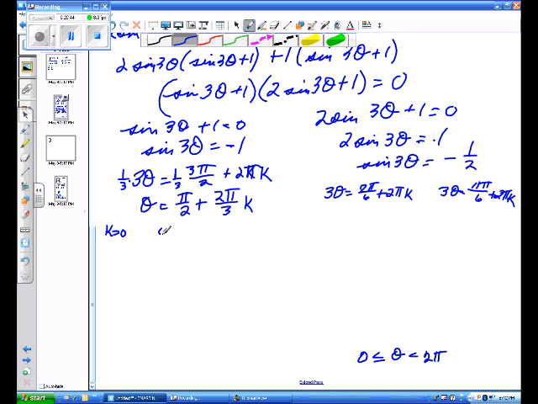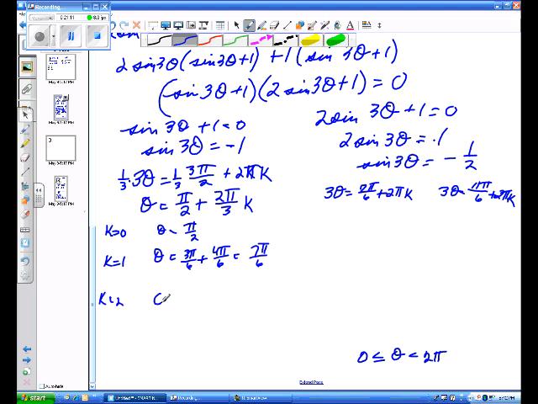So if k equals 0, then theta's pi over 2. If k's 1, then theta's going to be pi over 2 plus 2 pi over 3. So a common denominator would be 6. So this would be 3 pi over 6 plus 4 pi over 6, which would be 7 pi over 6.